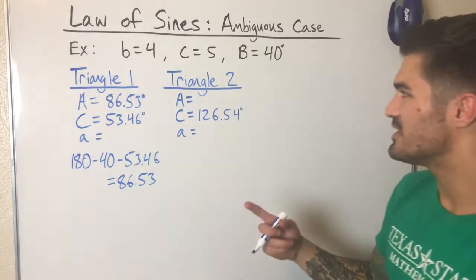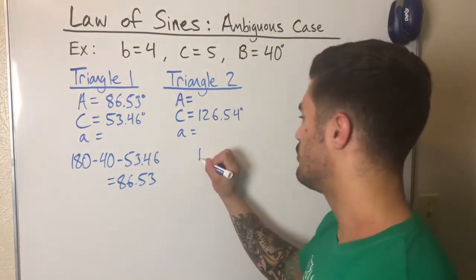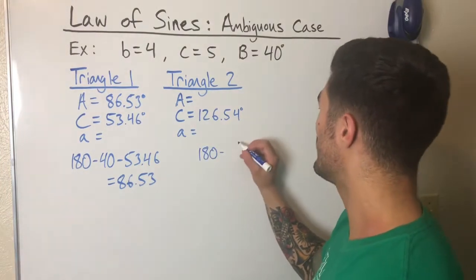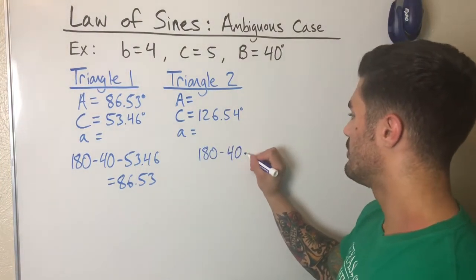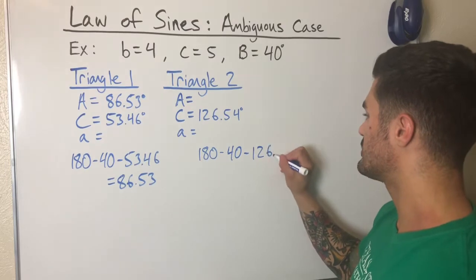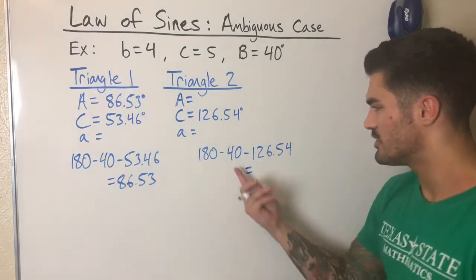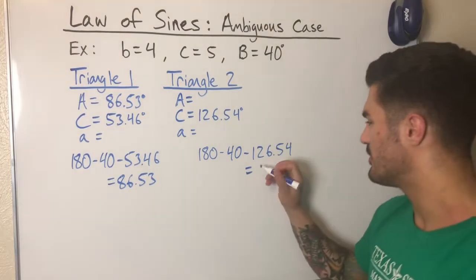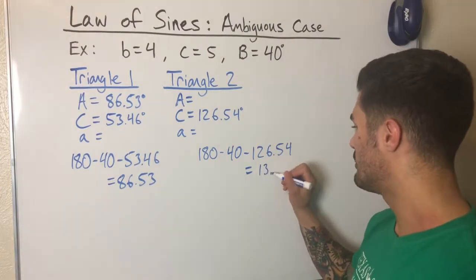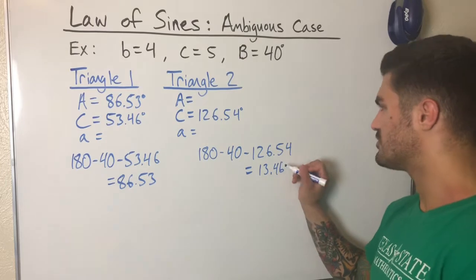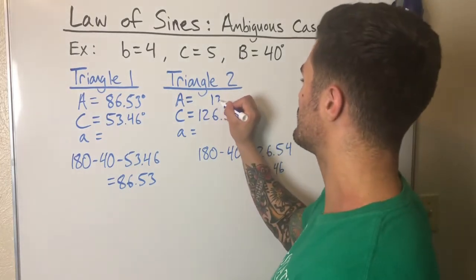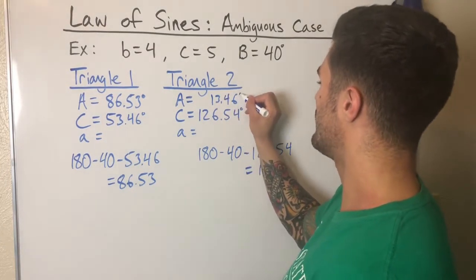And now I do the same thing to find angle A for triangle 2. I do 180 minus 40 minus 126.54. And this equals, let's see, what does this equal? 166. So I'm left with 13.46 degrees. So I have 13.46 for angle A.